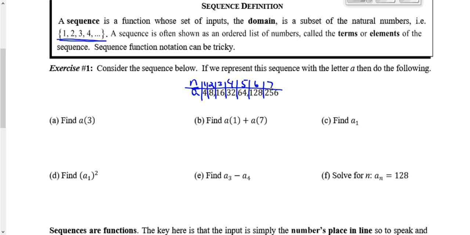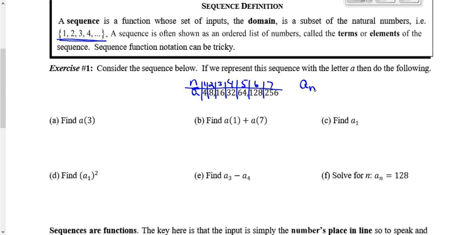And if we want to refer to any specific term, and they'll use different letters from time to time, but right now we're going to use, say, A sub n, okay. So we can identify any given term by using this kind of notation here. A sub n, right? So like A sub 1 would be the first term, A sub 4 would be the fourth term in the sequence.